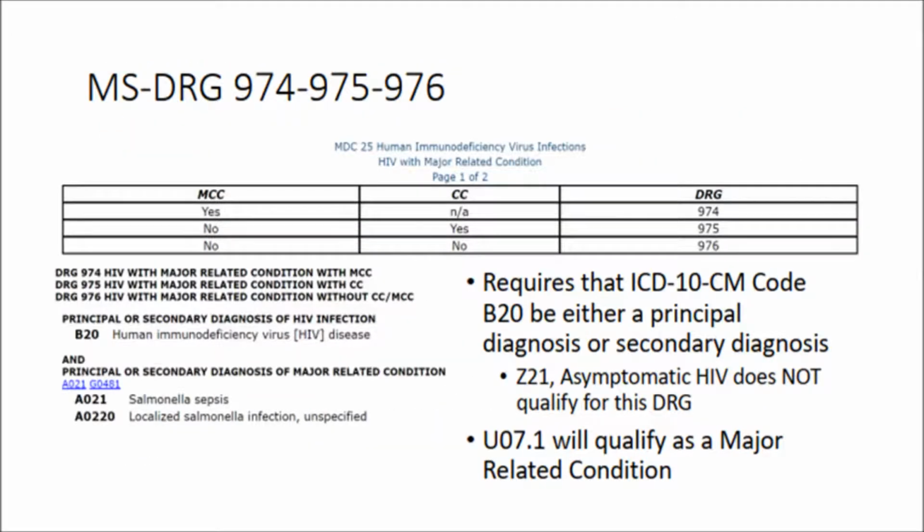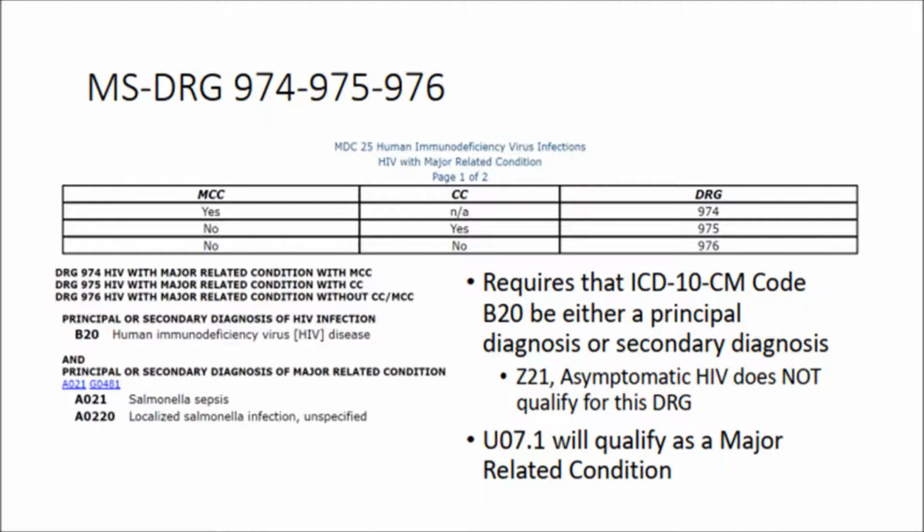MSDRG 974, 975, 976. MDC 25, Human immunodeficiency virus infection, HIV with major related condition. MCC, CC, DRG: yes, NA, 974; no, yes, 975; no, no, 976.